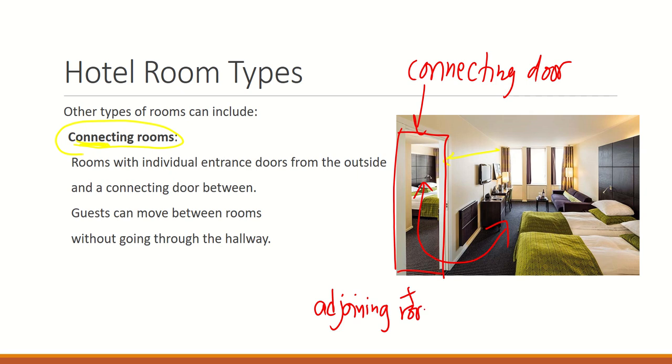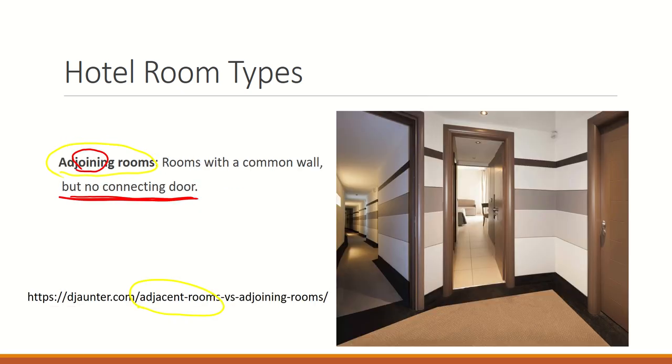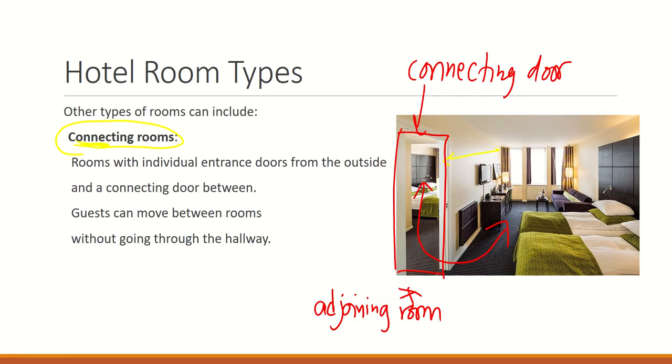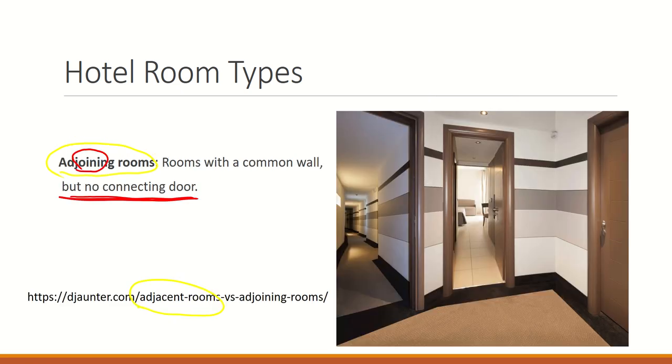Adjoining room: no connecting door. And adjacent, what is adjacent? From this picture it is also very clear: this is room A and room B.